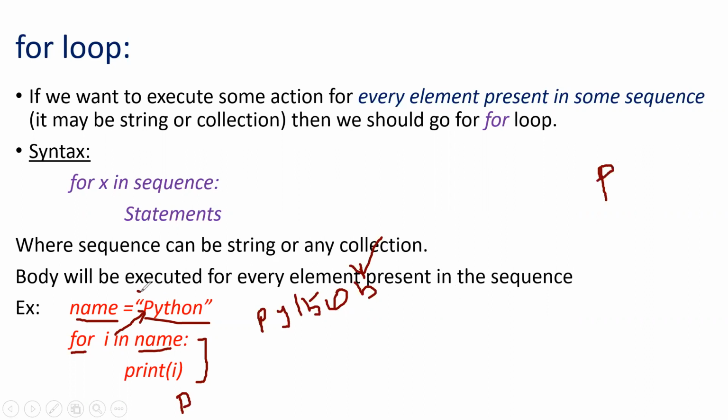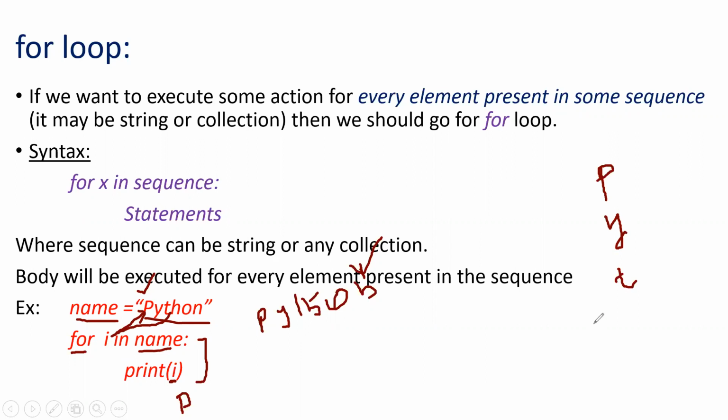Now P is over. After that, the position shifts to the next position. I equal to y. I equal to y means print y. Next, I equal to t.